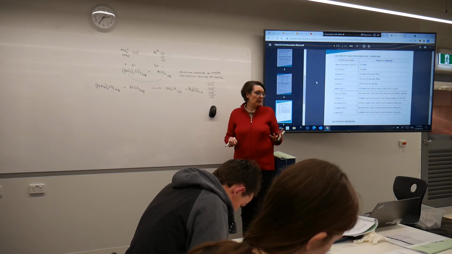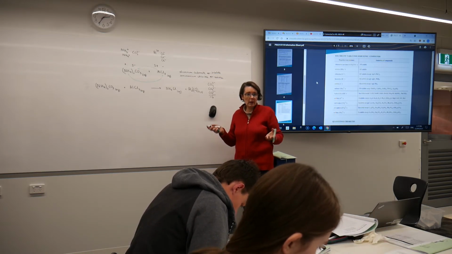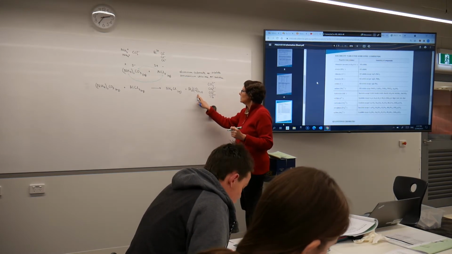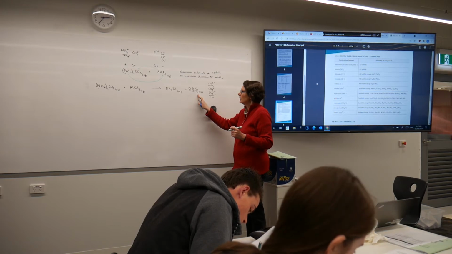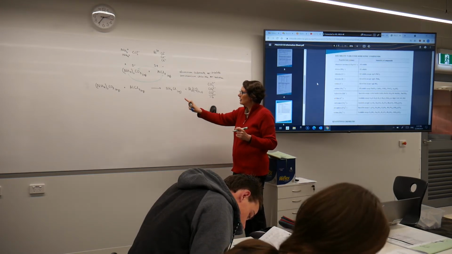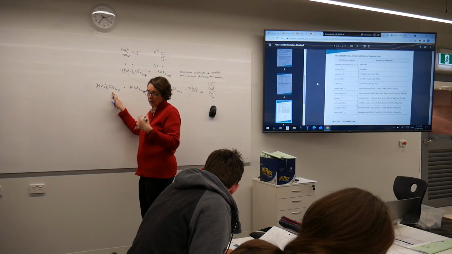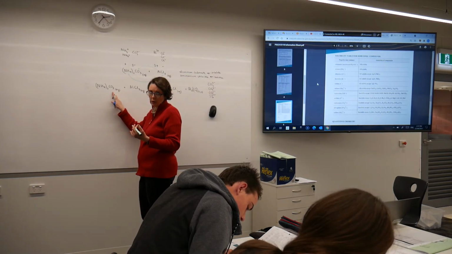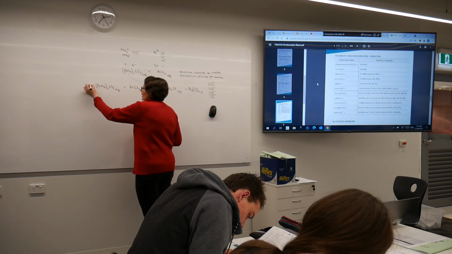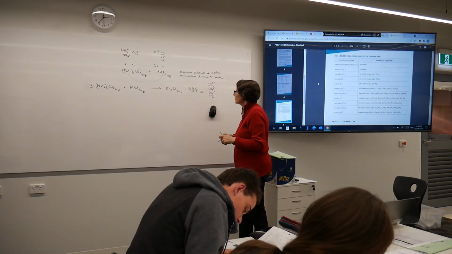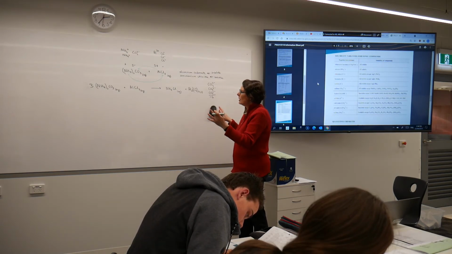Now we know what we've produced, but our equation's not balanced. According to this, I need 3 carbonates, and I started out with only 1. So when I'm balancing an equation, I have to use my coefficients to balance. So I'm going to try a number 3 out the front and see if this is going to work out for me. Now my carbonates are balanced.